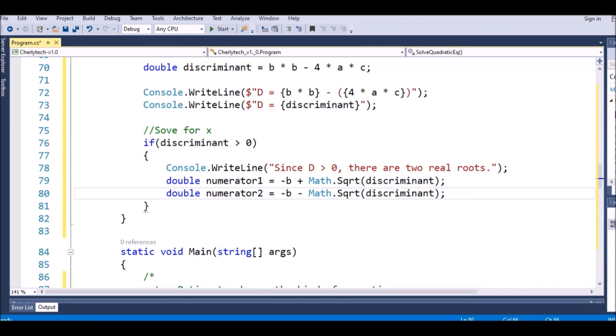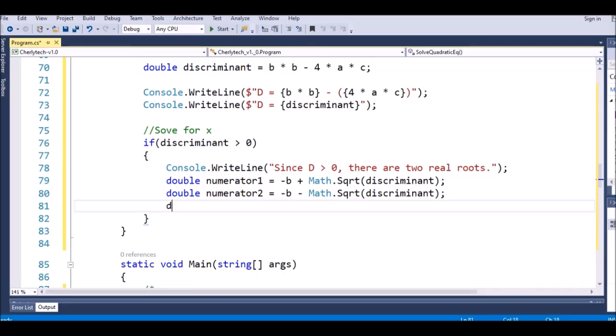So after that, you have to calculate the denominator. So we say double denominator.